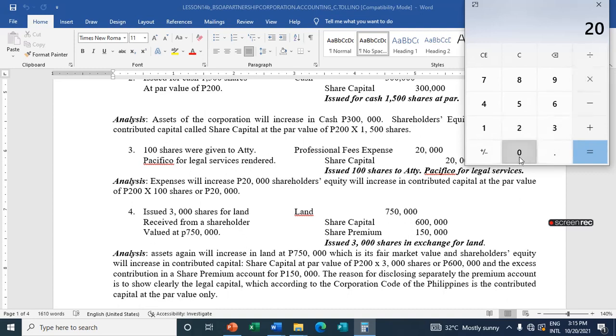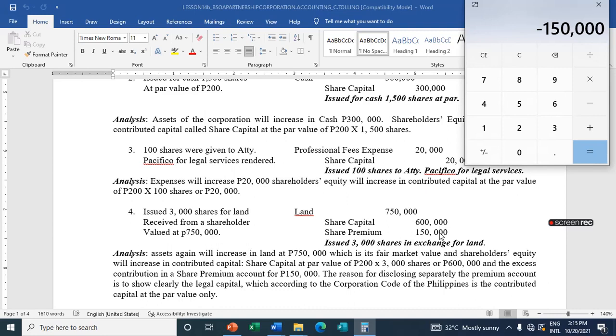Multiplying 3,000 shares by 200 gives 600,000. Since the land is worth 750,000, we debit land of 750,000 and credit share capital of only 600,000, because 3,000 shares multiplied by the par value of 200. The excess is 150,000. Where do we put the 150,000? We put it in share premium.